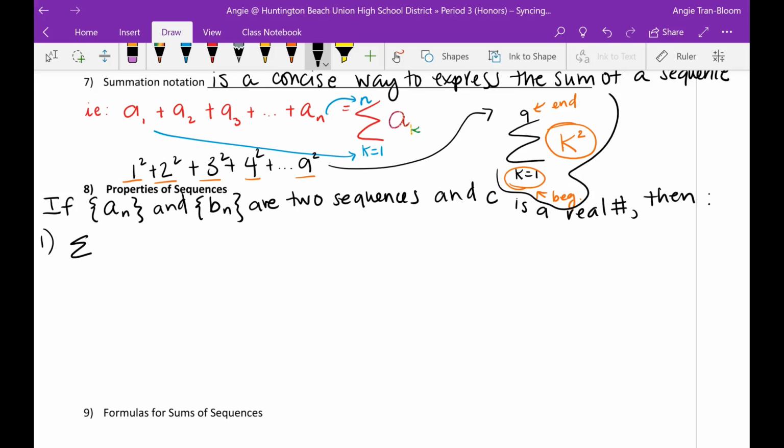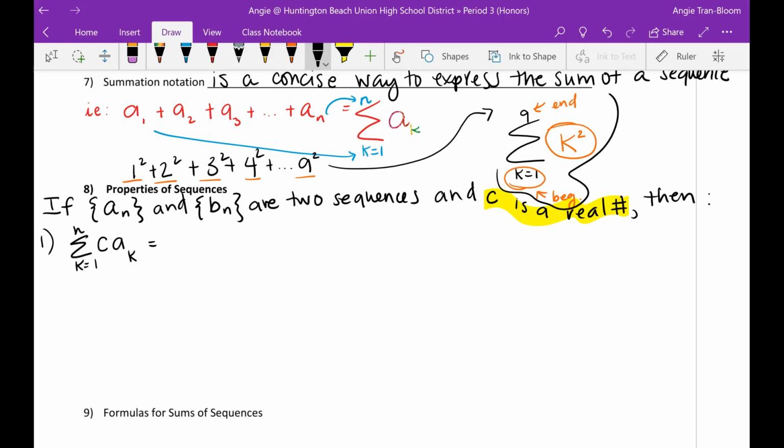The summation of k equals 1 to the nth term of c times a subscript k equals... So if I give you the summation starting at k equals 1 and ending at the nth term, and c, according to this definition, is a real number, that means it can be anything it wants to be, times a subscript k.